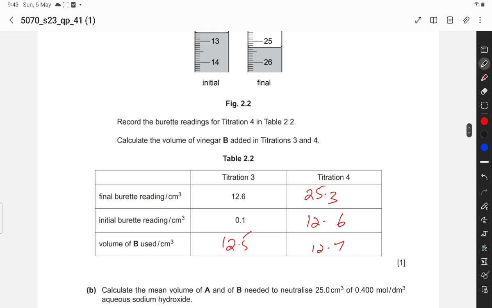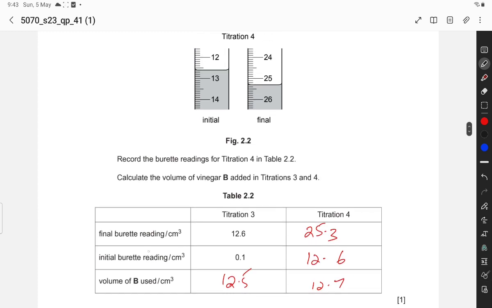The final burette reading is 12.6 and the initial burette reading is 0.1. So this is 12.5, and this is the final burette reading 12.6.